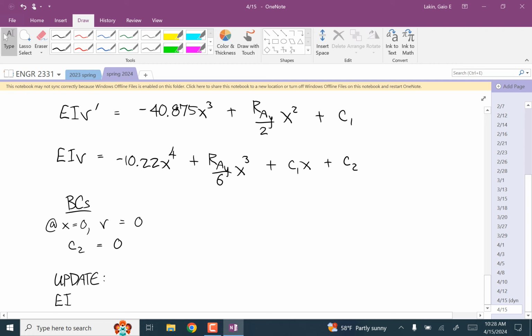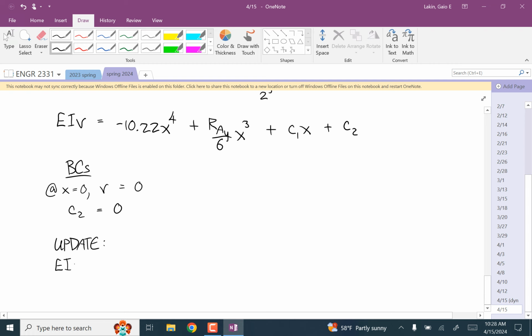So the only thing we have to update is EIv, which is equal to negative 10.22 x to the fourth plus RAY over 6 times x cubed plus C1x. And now we know C2 is equal to 0.